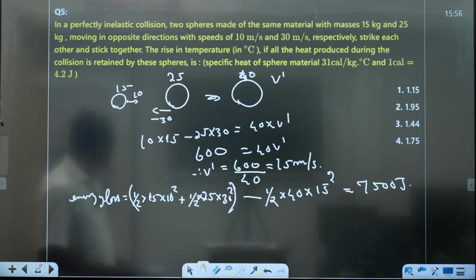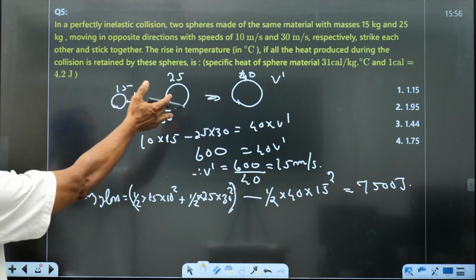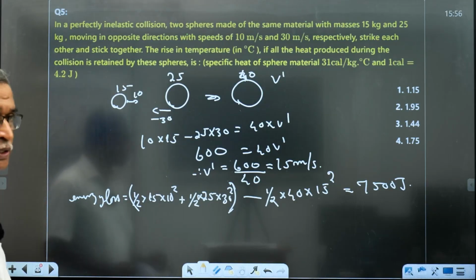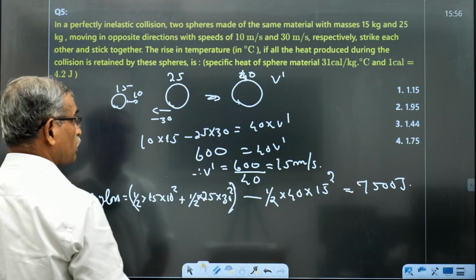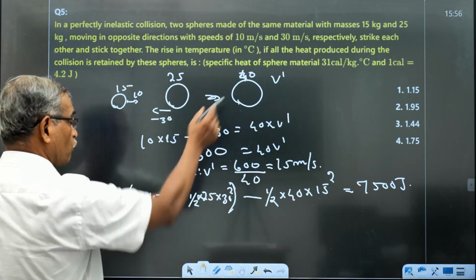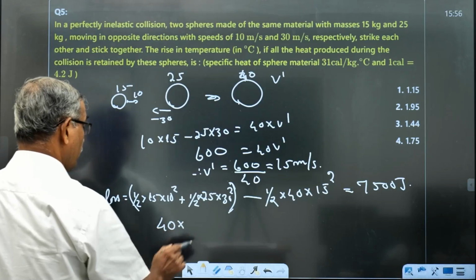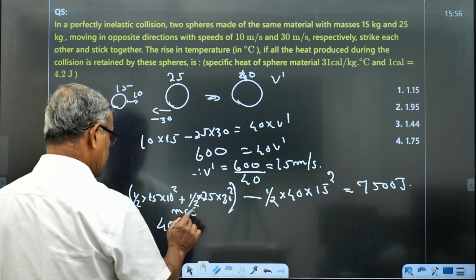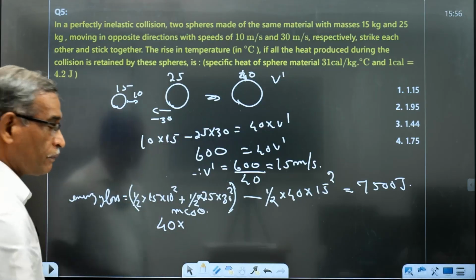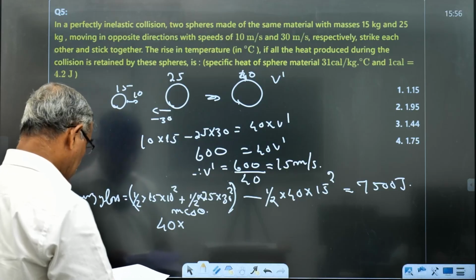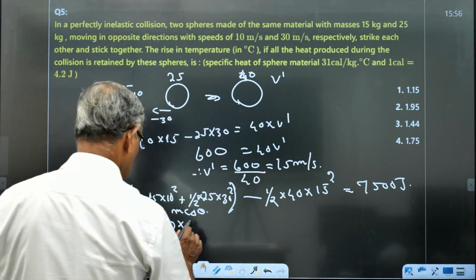Now this heat is absorbed by the combined body and there is a rise in temperature. If delta theta is the rise in temperature, then what is the heat required for that? The heat equation is M C delta theta, M is equal to 40 kilogram. The specific heat is given to you as 31 calorie per kilogram.